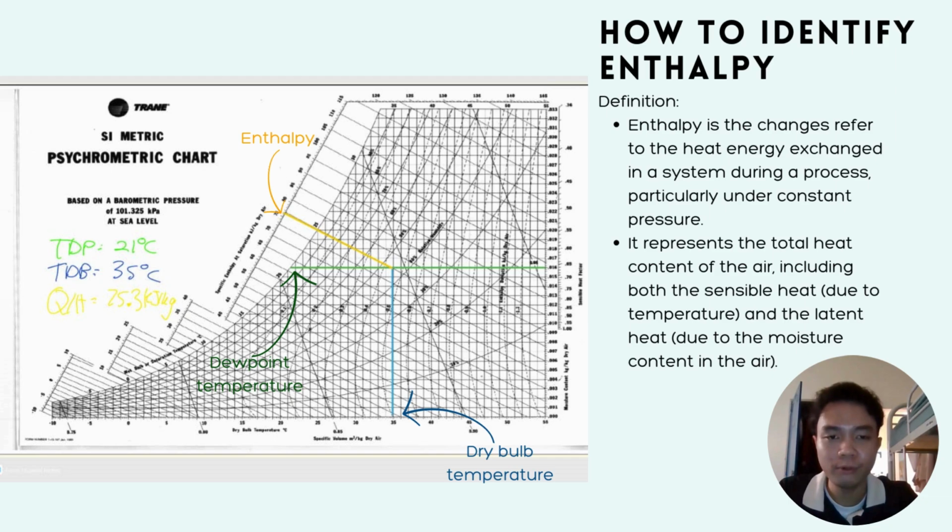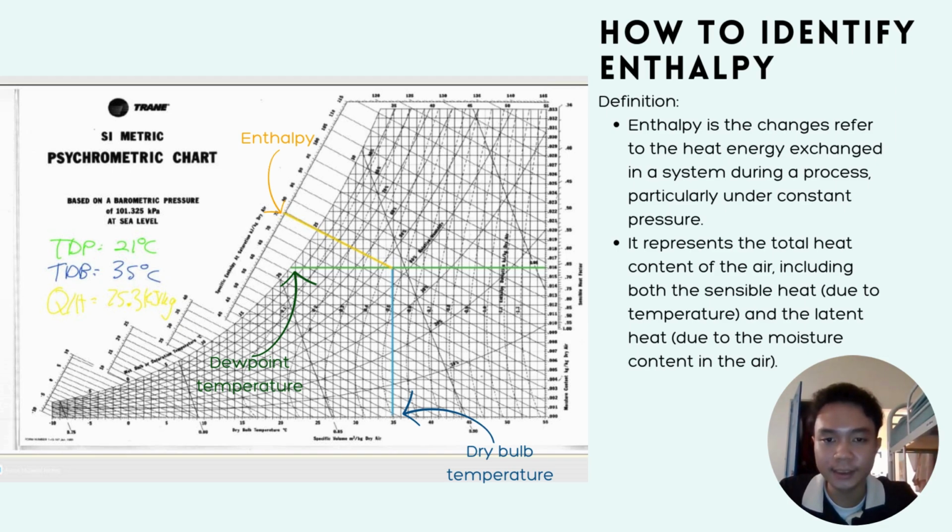After that, we move to how to identify enthalpy. What is enthalpy? Enthalpy is the change referred to the heat energy exchange in a system during a process, particularly under constant temperature. It represents the total heat content of the air, including both the sensible heat due to the temperature and the latent heat due to the moisture content in the air.